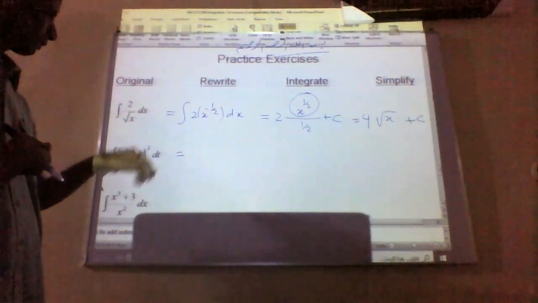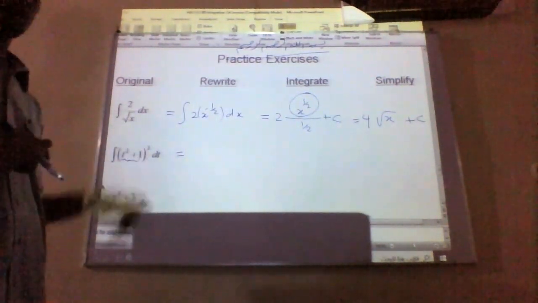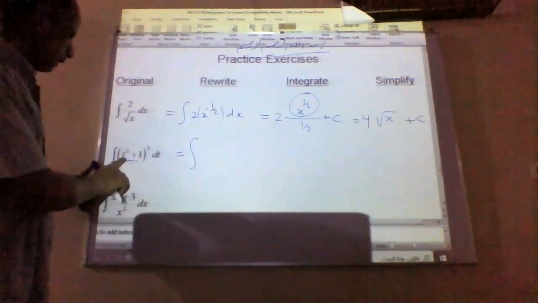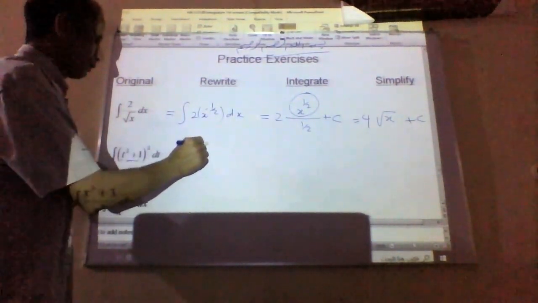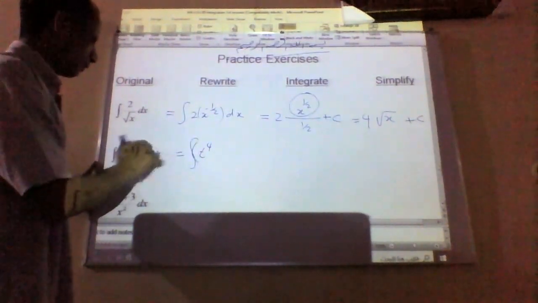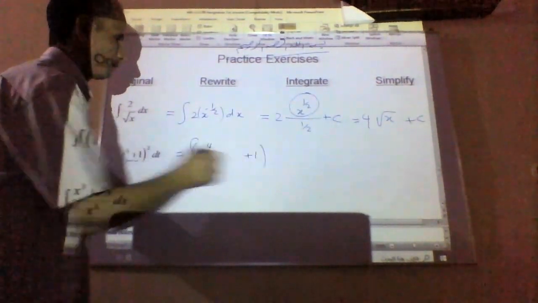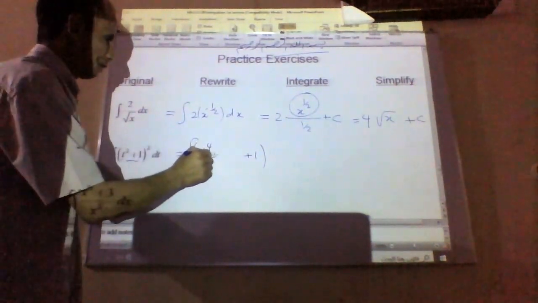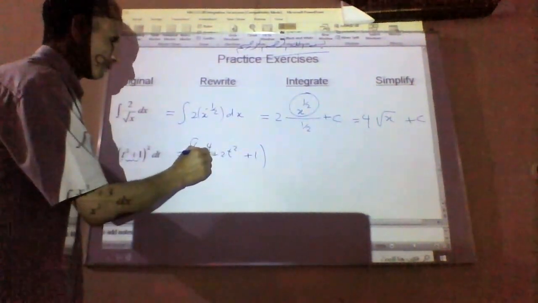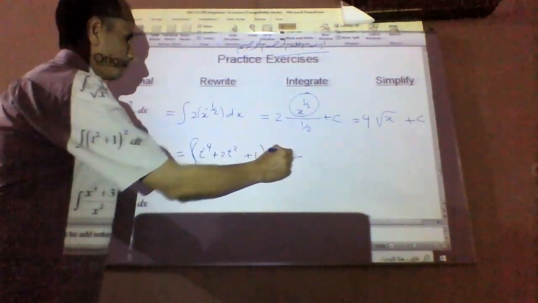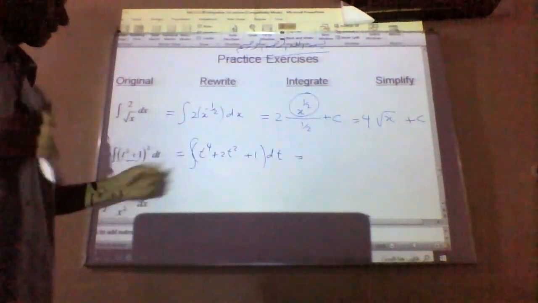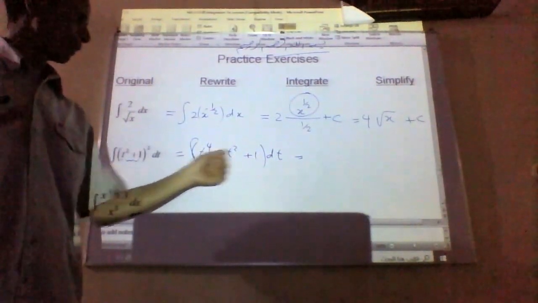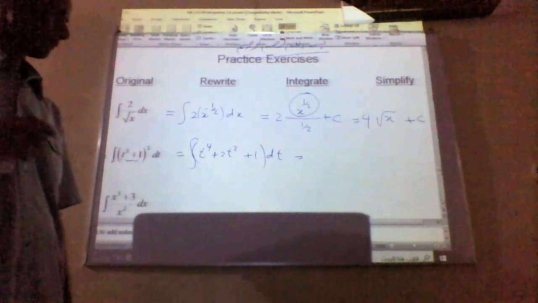Now we should expand the brackets. So t power 2 squared equals t power 4, 1 power 2 equals 1, and 2 times t power 2 times 1 equals 2t power 2, dt. It means we make integration with respect to the variable t.